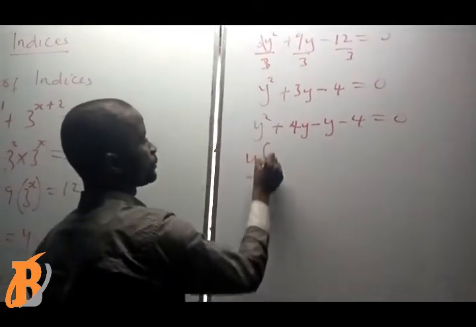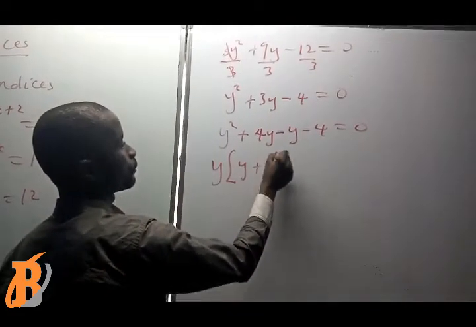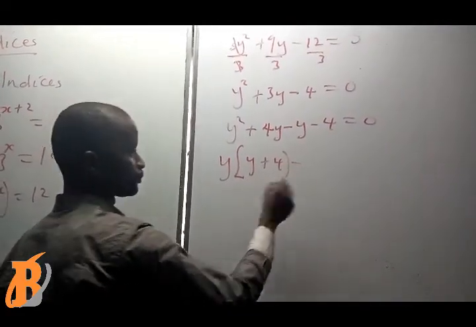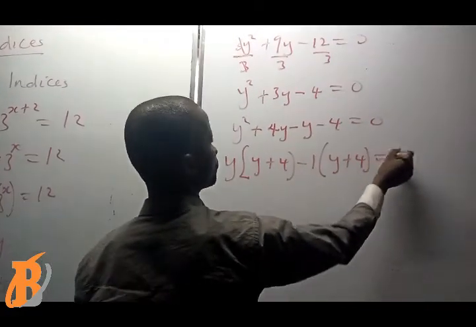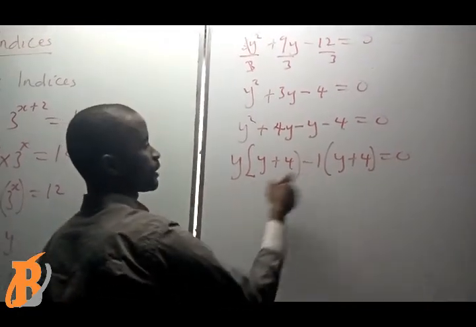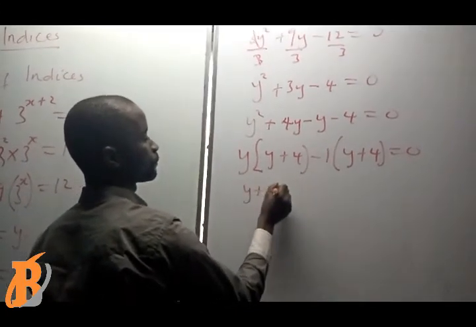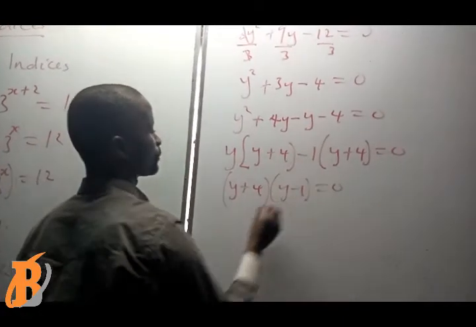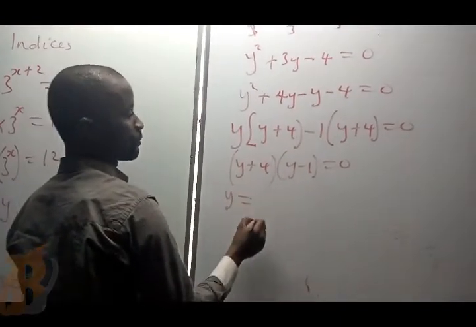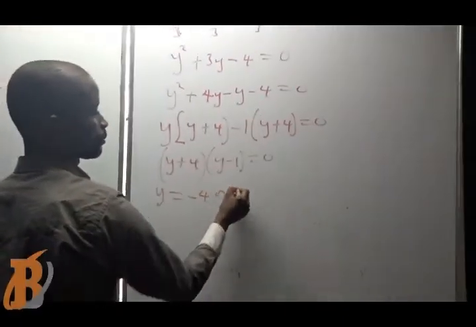That's y into y plus 4 minus 1 into y plus 4 is equal to 0. Same factor, that means y plus 4 into y minus 1 is equal to 0. Now y is equal to minus 4 or 1.